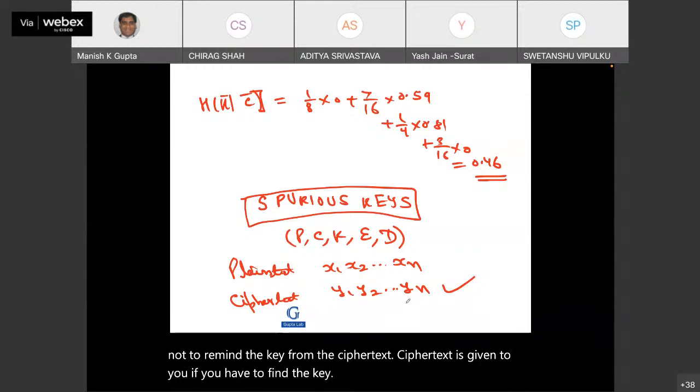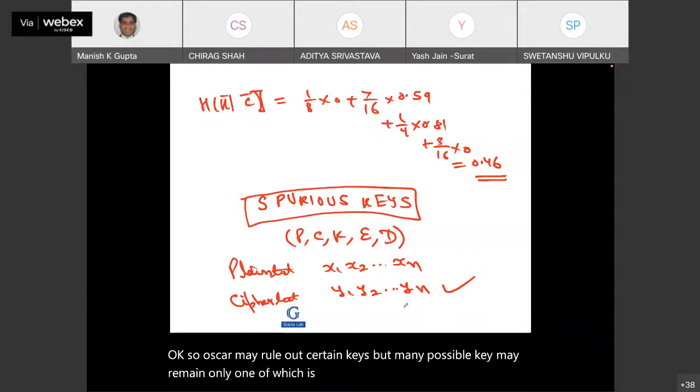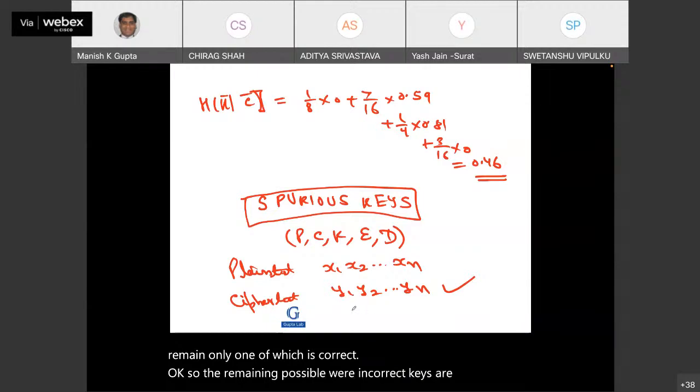Oscar may rule out certain keys, but many possible keys may remain, only one of which is correct. The remaining possible but incorrect keys are called spurious keys.